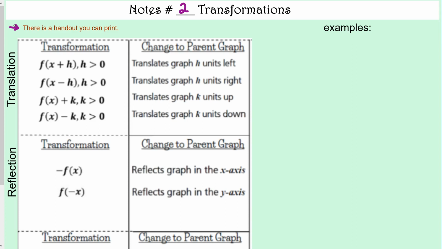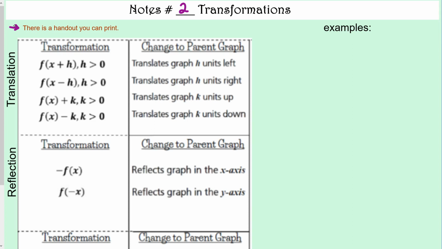So transformations are ways to change how a graph looks by either shifting it up or down or left or right, or stretching it vertically or horizontally, or shrinking it, or reflecting it. So the first section we see here has to do with shifting up or down, left or right, and that is also called translating.